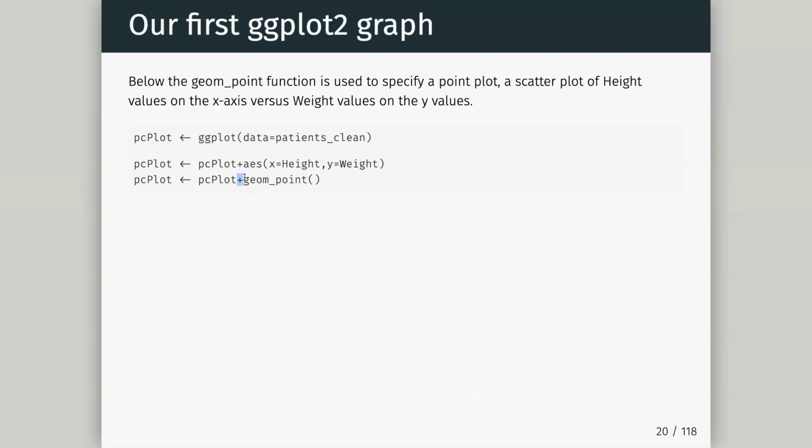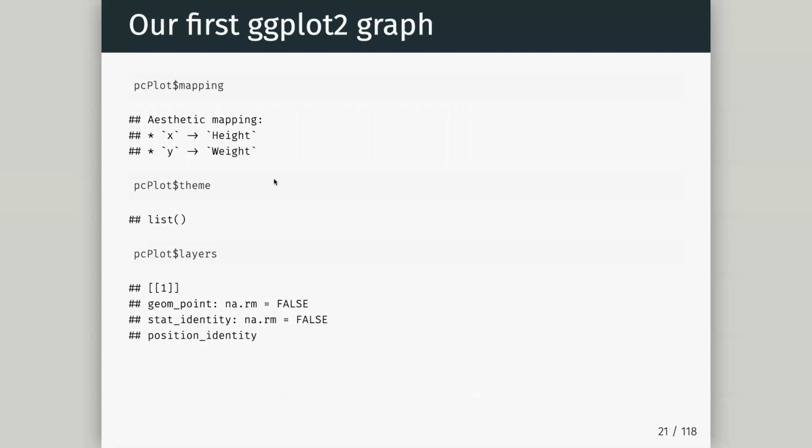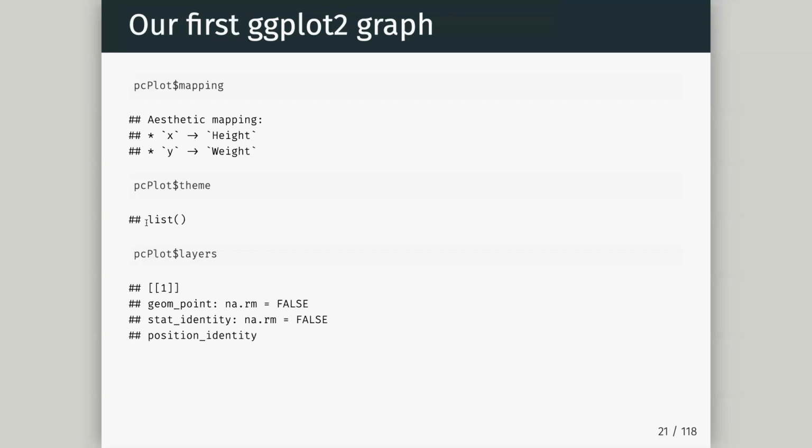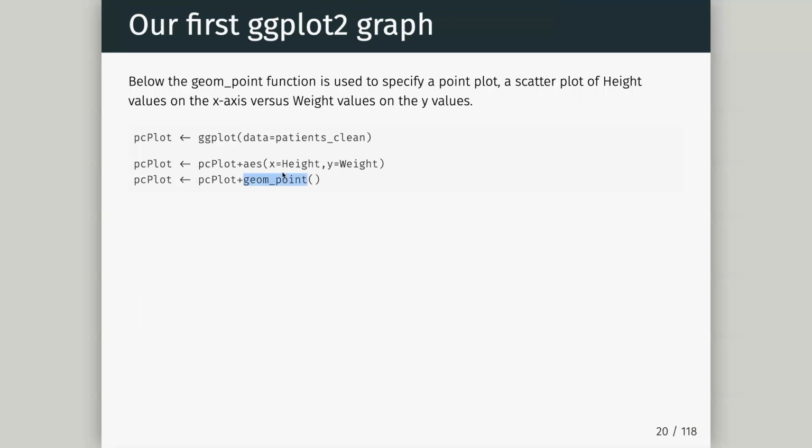And finally, I'll do plus, and I'll add the type of geom I want my plot to be. So now if I look at it, I have mappings. I know I already have the data, but I have the mappings. I still don't have a theme. But we don't actually need a theme. There's a default. And I have in my layers a list. And the first element in the list is my geom point, the type of graph I just set here.